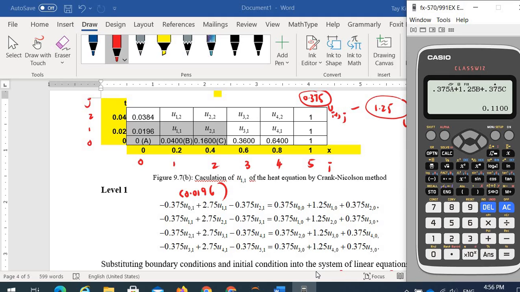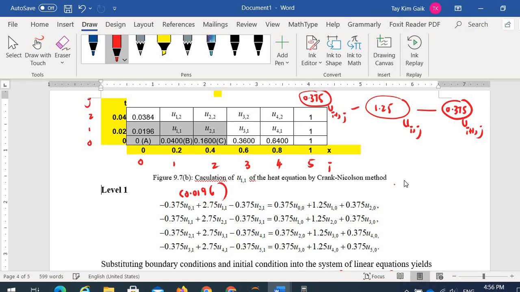Bring to the right hand side, so it becomes plus 0.375 times 0.0196, which is 0.1247.